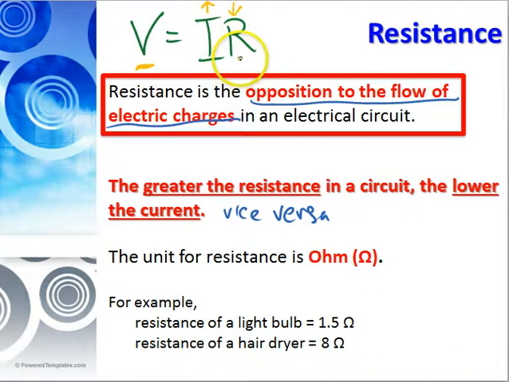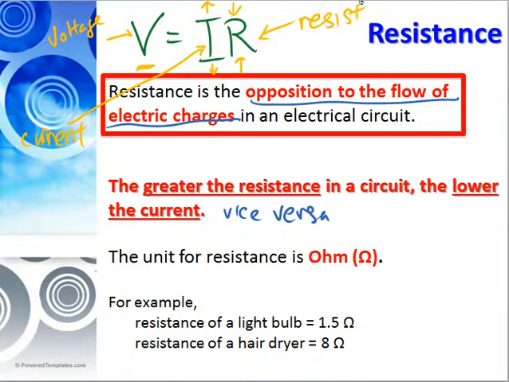And obviously, when the resistance increases, the current will drop. So this is a relationship that you should remember. V stands for your voltage, I stands for your current, and R stands for your resistance.